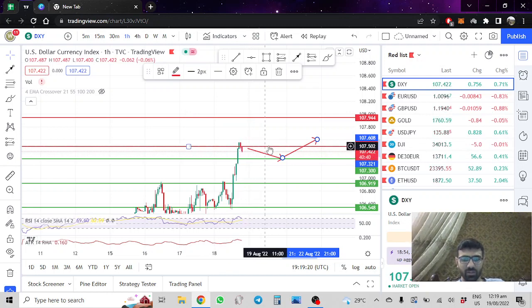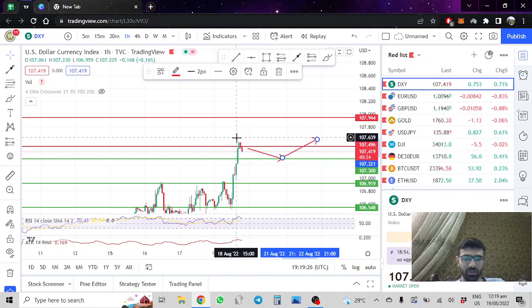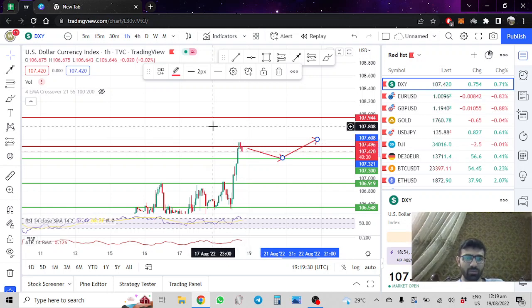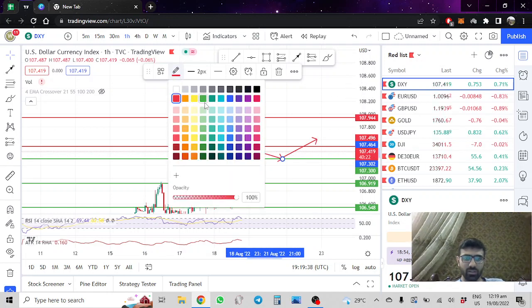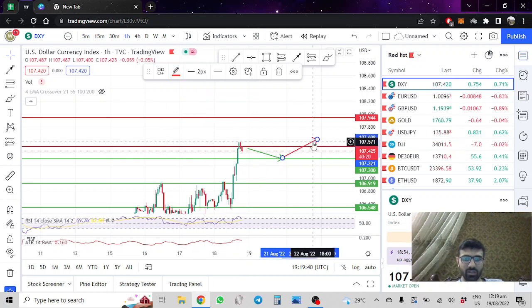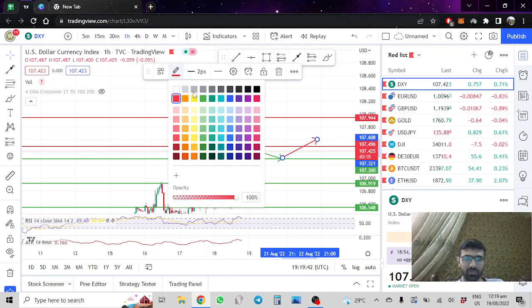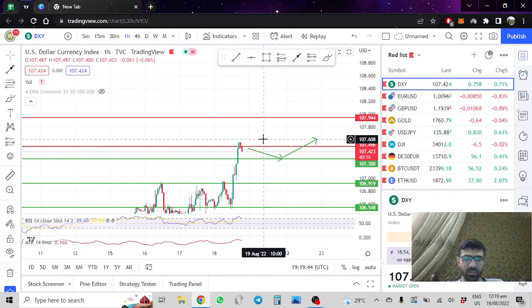Yes, obviously for a double bottom. And if we have to look for a short trade, then what we are gonna do is look for a double top. And this is our bullish trade, so these would be our green arrows. Okay, something like this.